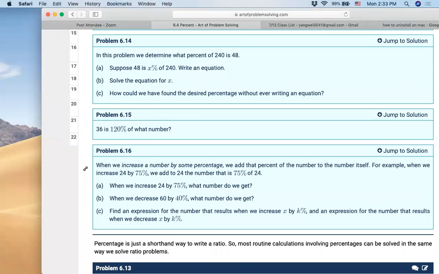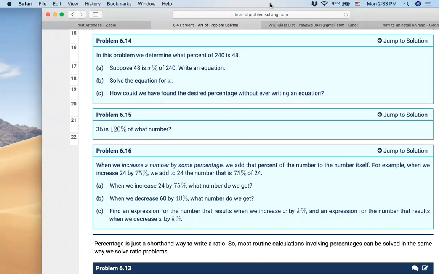For example, when we increase 24 by 75%, we add to 24 the number that is 75% of 24. Say A: when we increase 24 by 75%, what number do we get?